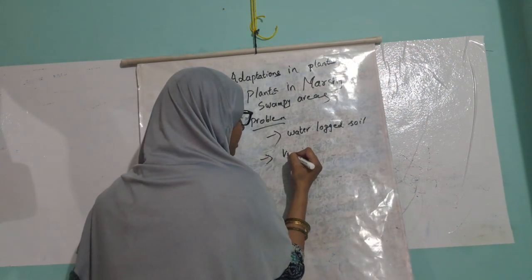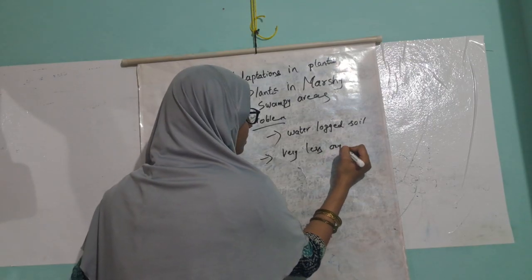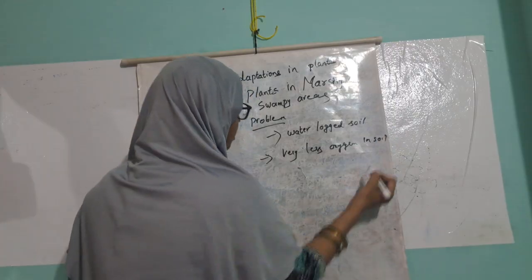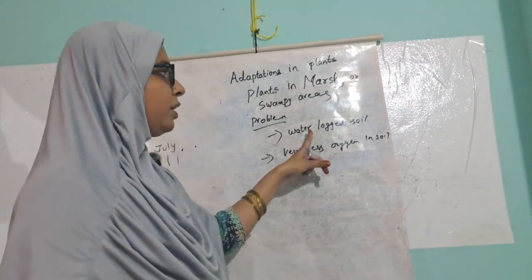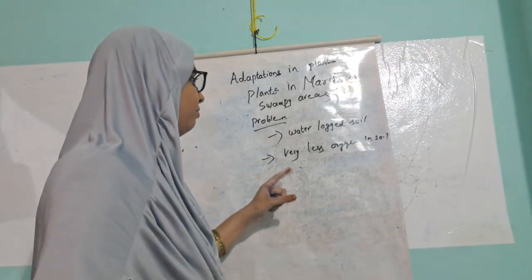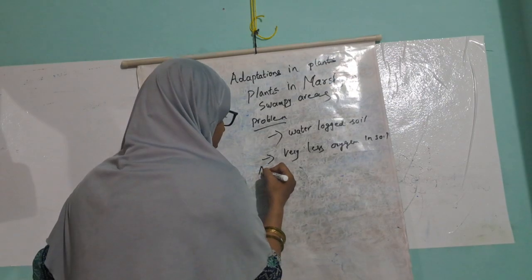Waterlogged soil and very less oxygen in soil. So what are the problems? Waterlogged soil means they have more water in the soil and very less oxygen in the soil. Adaptations.